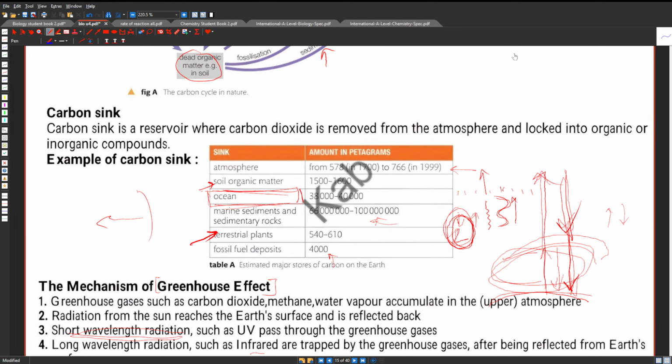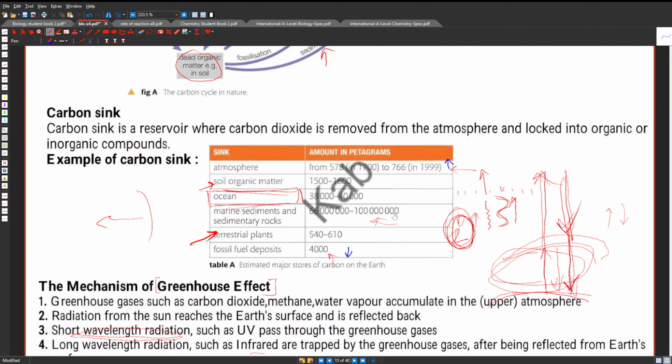Most of your carbon is going to be in marine sediments and sedimentary rocks. You can think of this as being the most long-lasting one, right? Fossil fuel deposits sit at 4,000, where the atmosphere is at this much, and this is increasing as you burn more of these. As this decreases, this increases. Terrestrial plants as well, it's not that many at all.